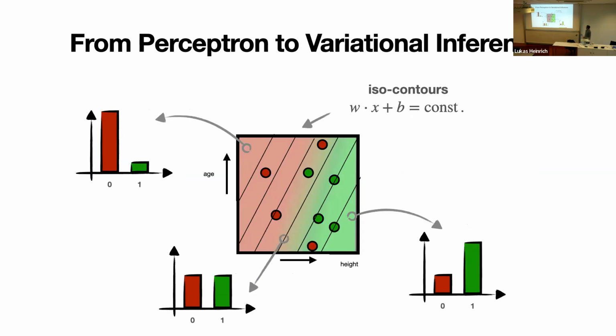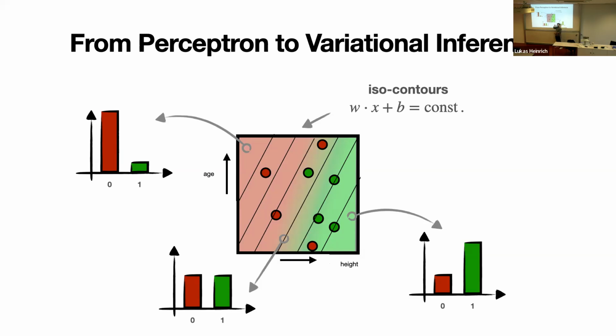Okay, so then we can see what's going on. How does the perceptron really relate to variational inference? Our input function before the sigmoid, which is sometimes called the pre-activation, gives us these diagonal lines, the isocontours of constant wx plus b, right? And the iso-surface where this is 0 was our previous decision boundary.